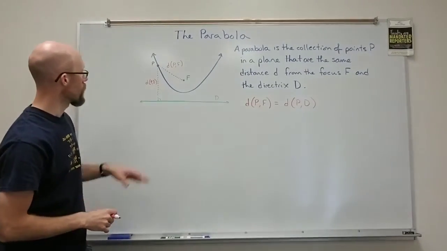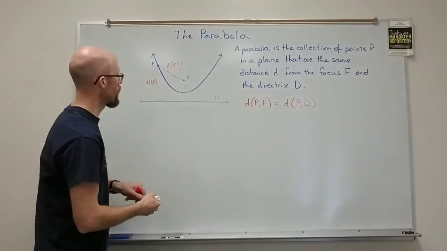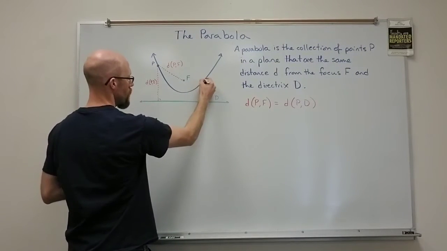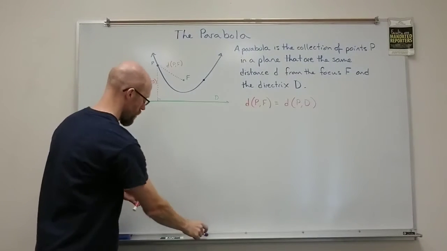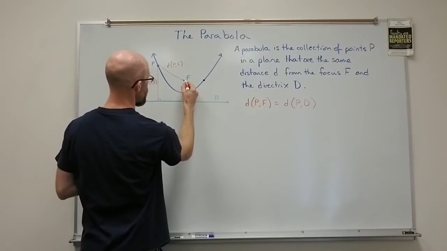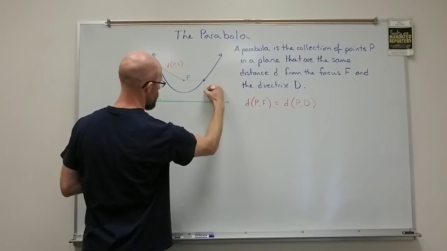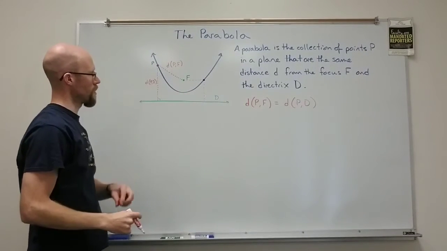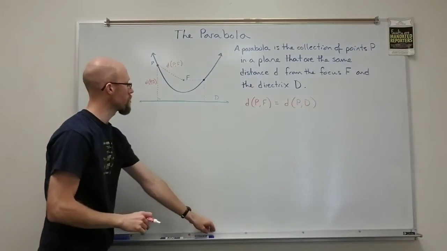And so that's true for every point on the parabola. If I were to take a point on the other side here, you would get the same relationship. The distance between F and that point would be equal to the distance between that point and the directrix. And it doesn't matter where that point is on the parabola.